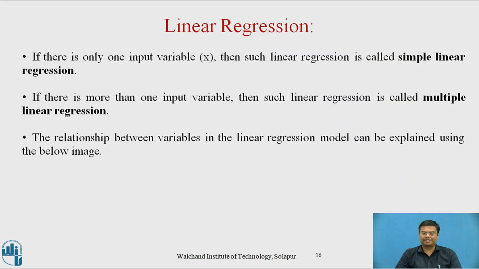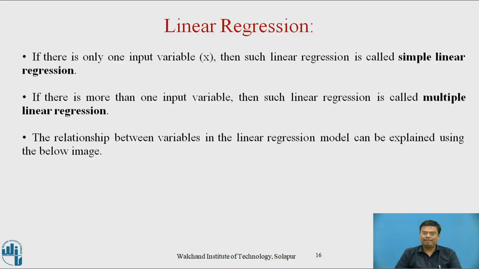relationship. If there is only one input variable x, then such linear regression is called simple linear regression, and if there is more than one input variable, then such linear regression is called multiple linear regression. So there are two types of regression.